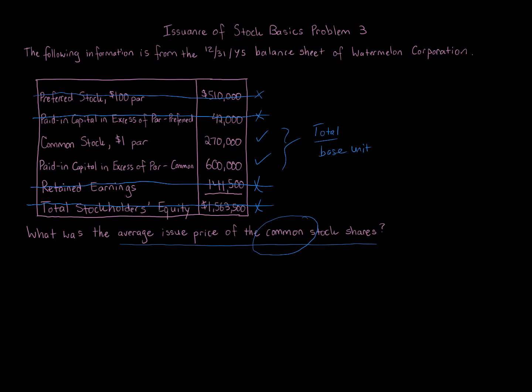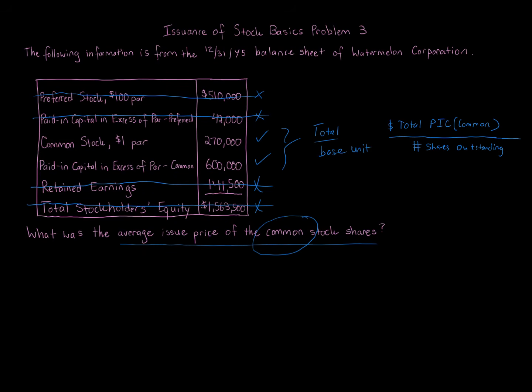Here, it's going to be the total paid in capital with respect to common stock, and we're going to divide that by the number of shares outstanding from the information given to us.